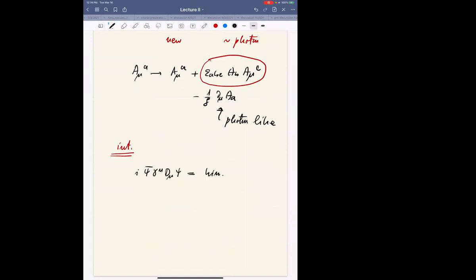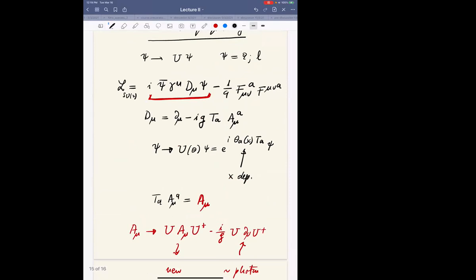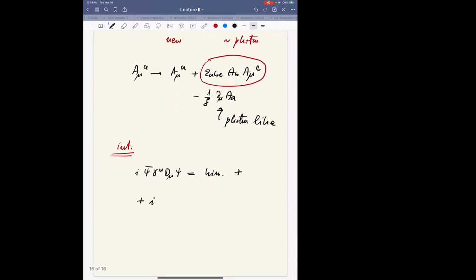I'm not interested in that, plus i, and then, where is my covariant derivative? It's minus i g psi bar gamma mu T A A mu A psi. This is the interaction Lagrangian.